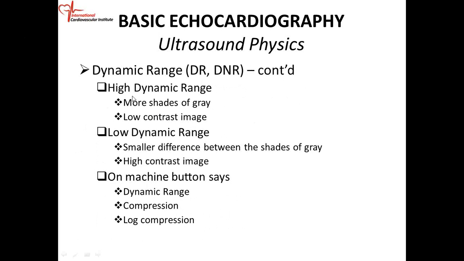So high dynamic range, you get more shades of gray, a low contrast image. Low dynamic range, then small difference between the shades of gray. So again, on the machine, you're going to say dynamic range, DR, DNR, or just compression.